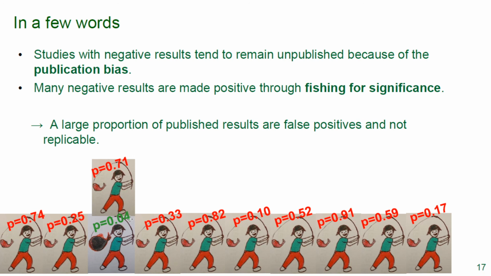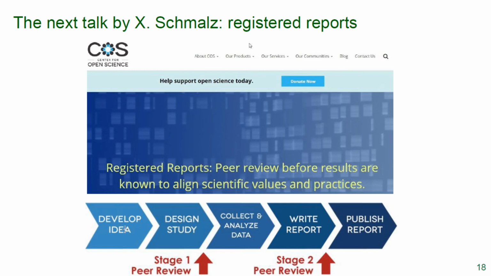Of course, there are many other components in the replication crisis. Statistical aspects are only one component, but they are likely to contribute a lot to this replication problem. The good news is that there are partial solutions to this problem.